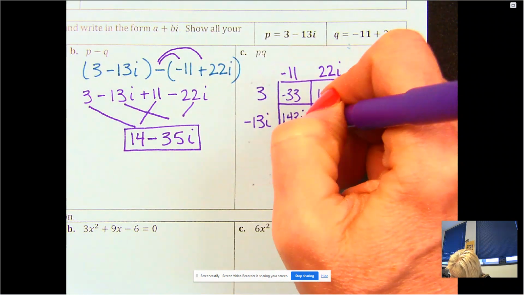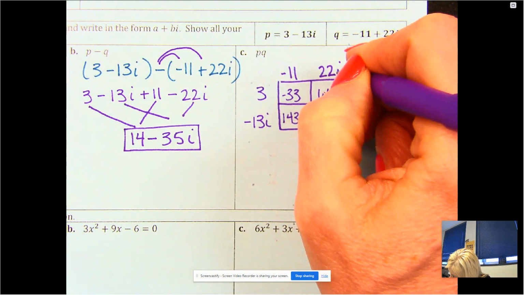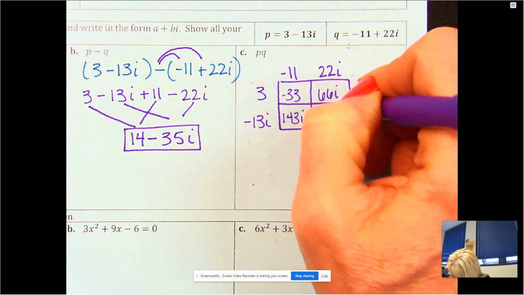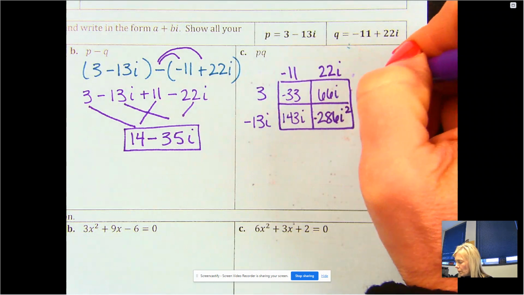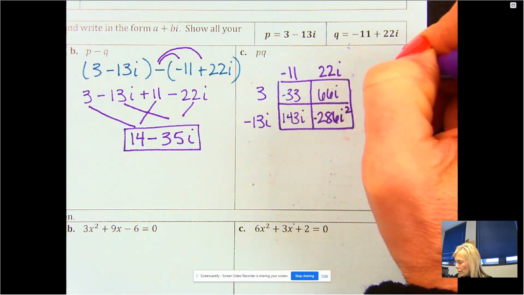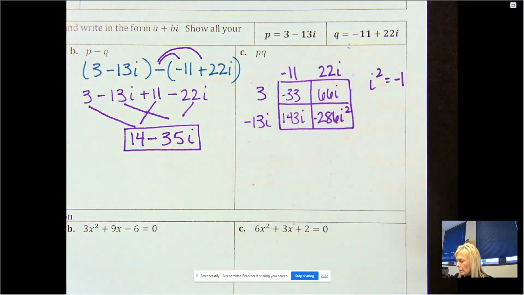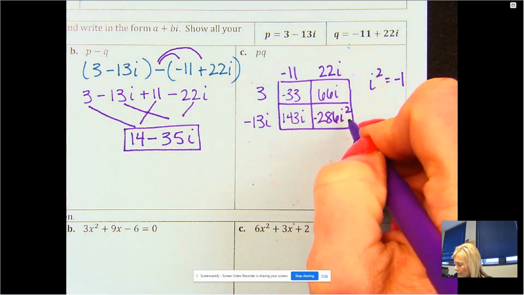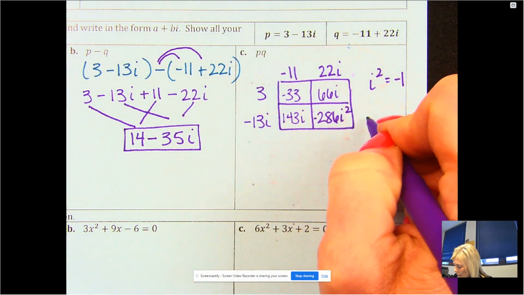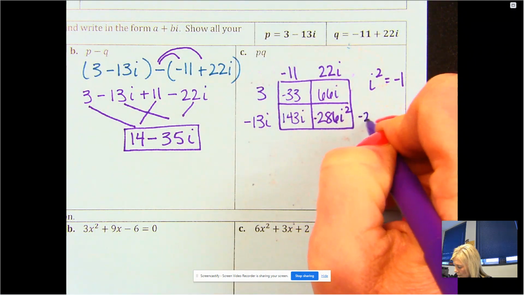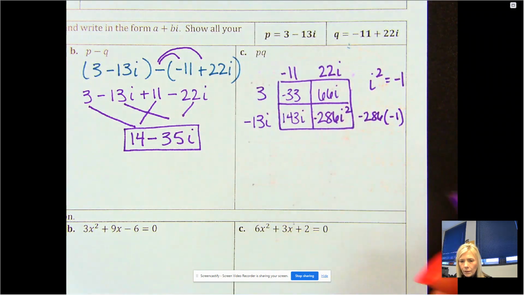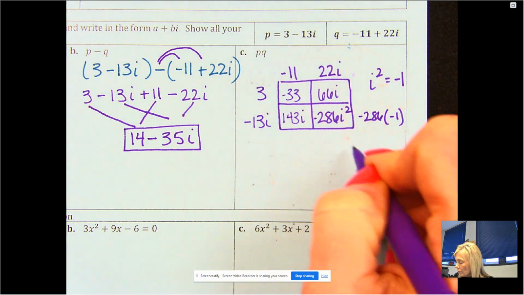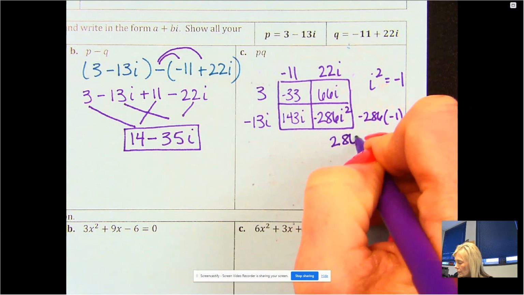So negative 286, but i squared. And remember at the very beginning of this unit, we learned that i squared is equal to negative 1. So this is really negative 286 times negative 1. So it's positive 286.